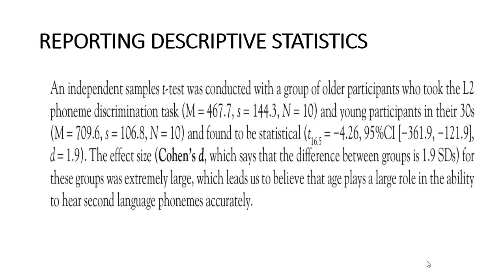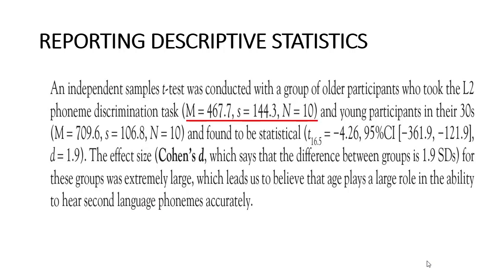If you remember, in lesson 1 we read a report about an experiment, and it said an independent samples t-test was conducted with a group of older participants who took the L2 phoneme discrimination task, M 467.7, S 144.3, N equal 10, and young participants in the 30s, M 709.6, S 106.8, N equal 10, and so on.